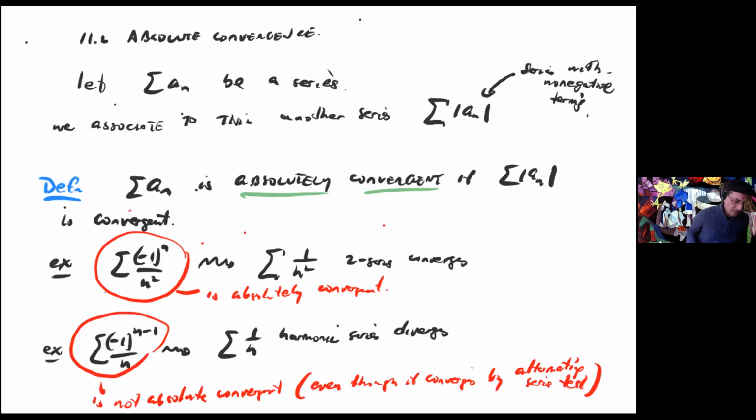This actually leads to a definition that I'm going to make now, which is a weaker definition than absolute convergence. So here's a definition.